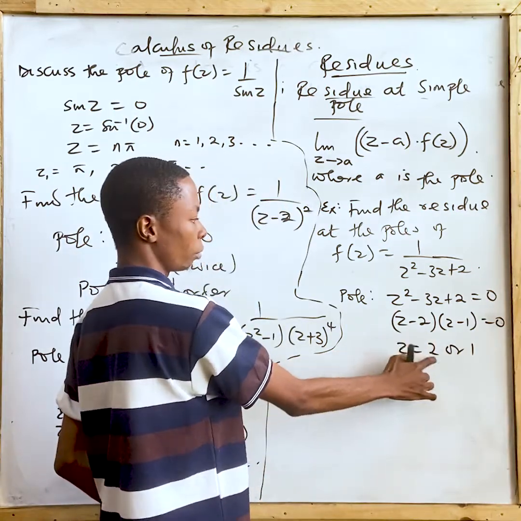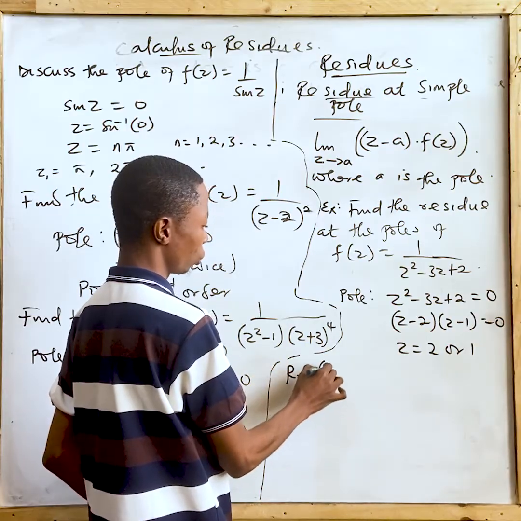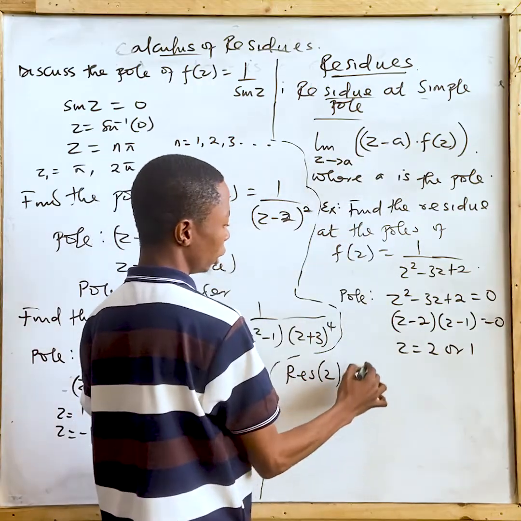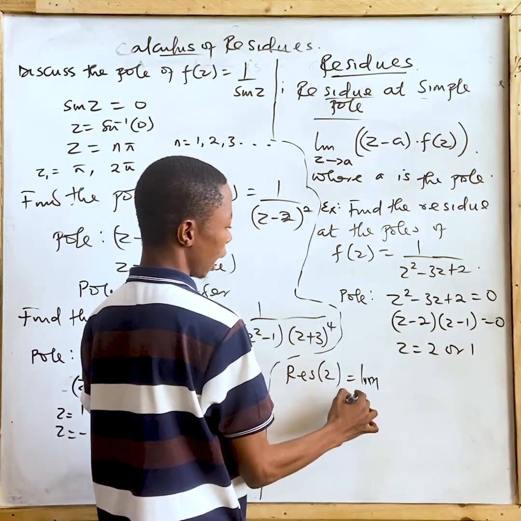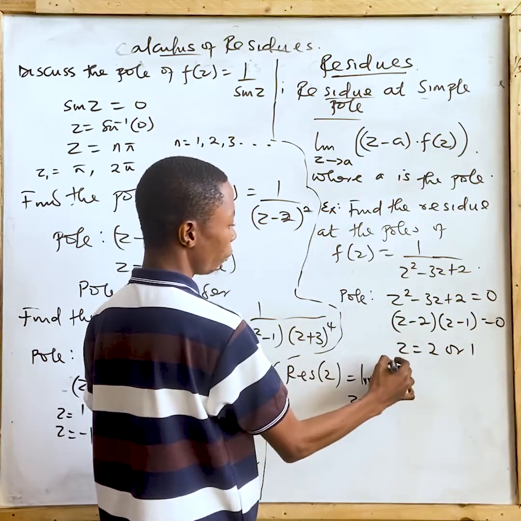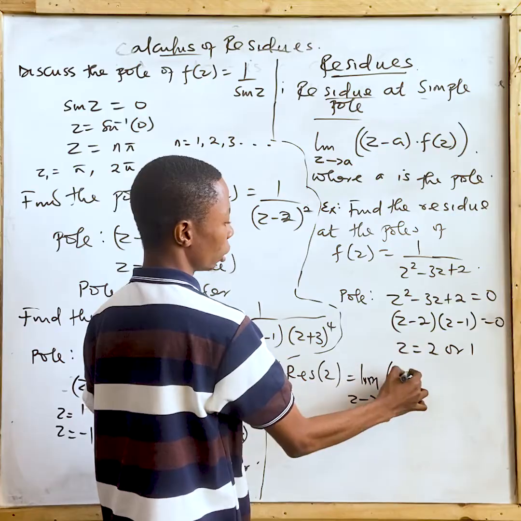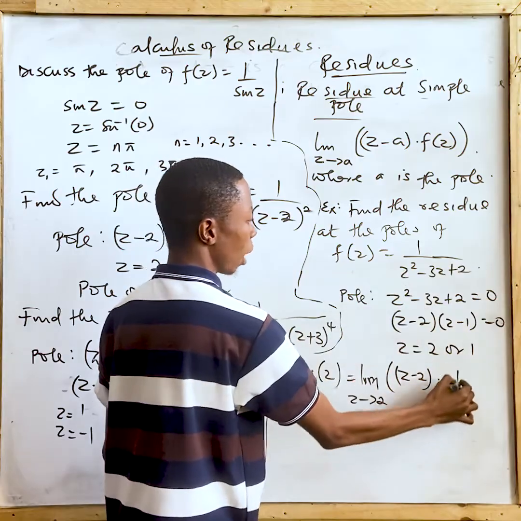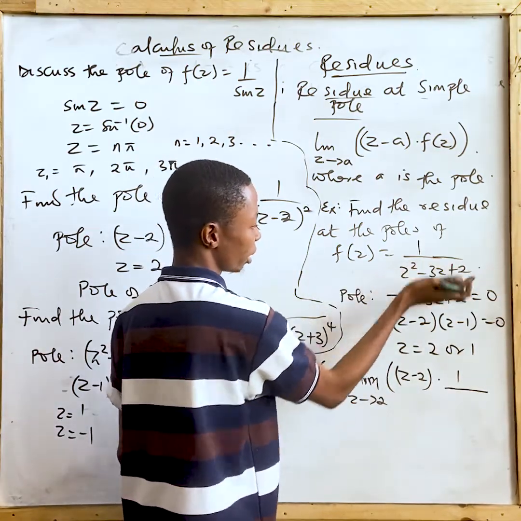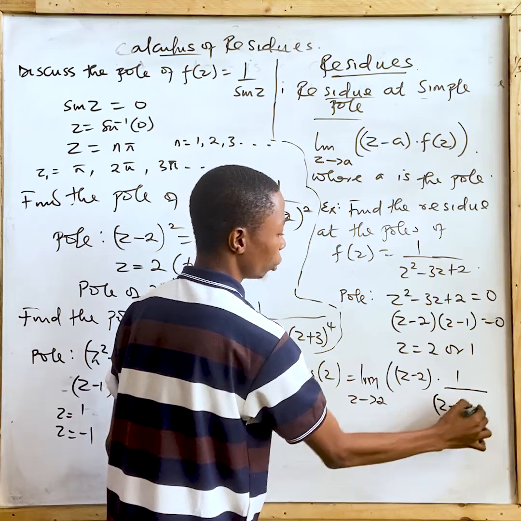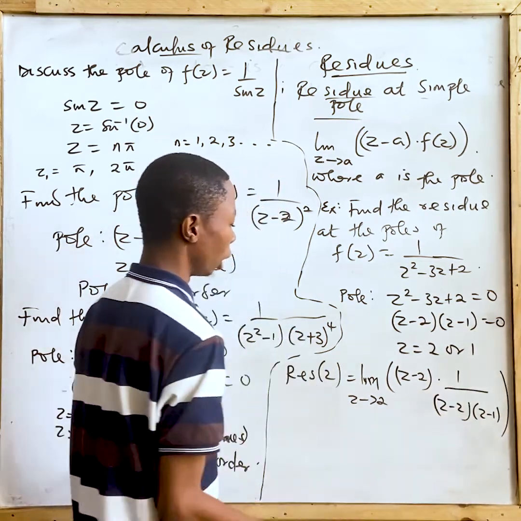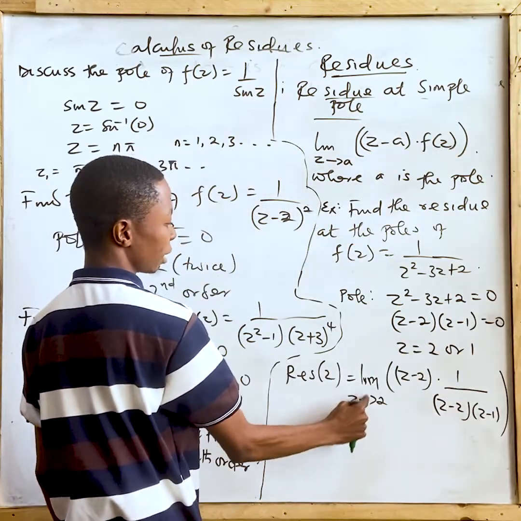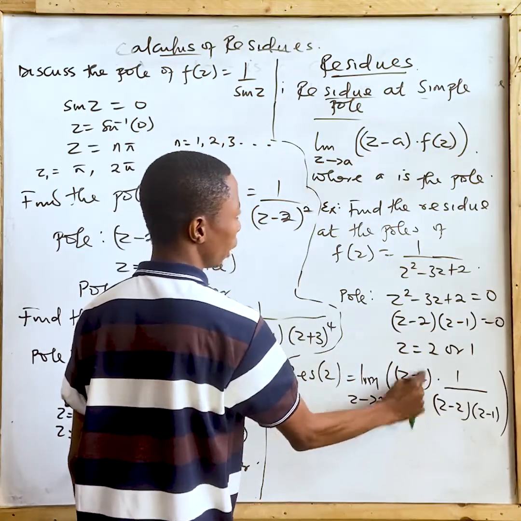So the residue at z equals 2, going by this formula, will be the limit as z approaches 2 of (z minus a) times f of z.